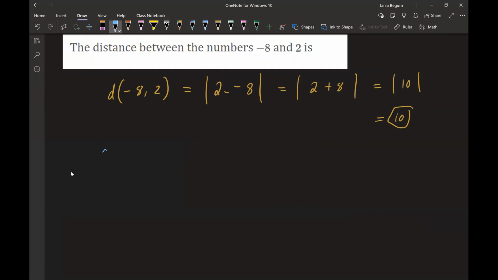Well, if you're looking at, say, the distance between 2 and negative 8, you will do negative 8 minus 2 inside the absolute value. So that will give you the absolute value of negative 10. And then when you take the absolute value, that turns into a positive 10 because we're applying the absolute value to it. Yeah, that's awesome. Yeah. Okay.